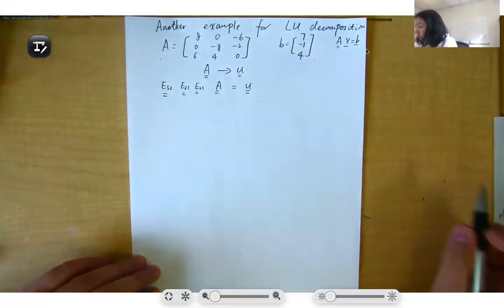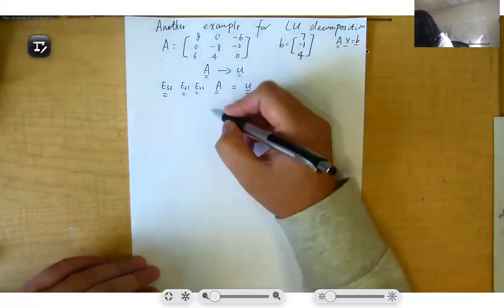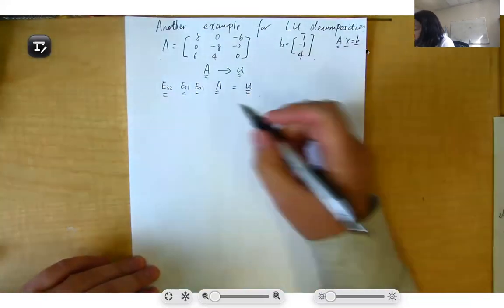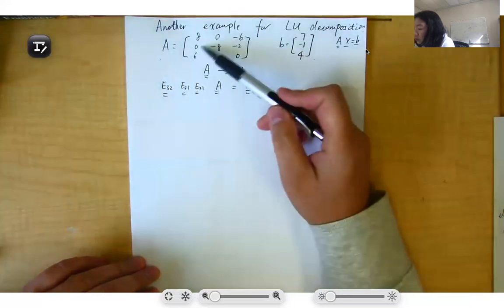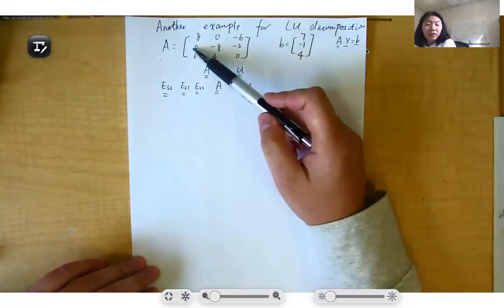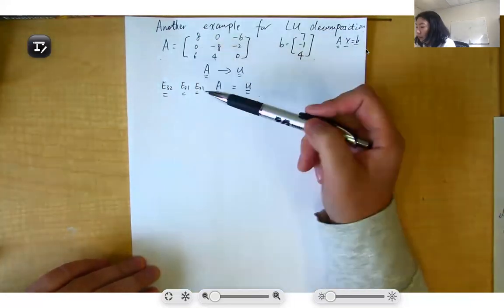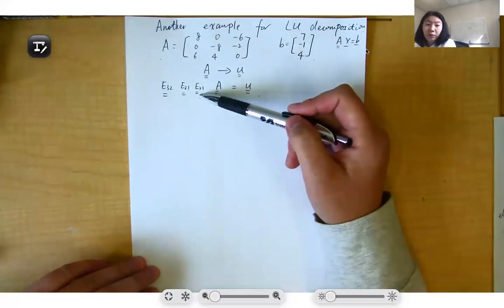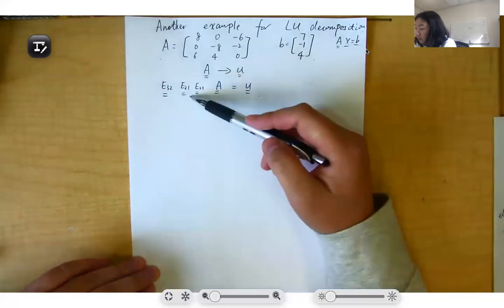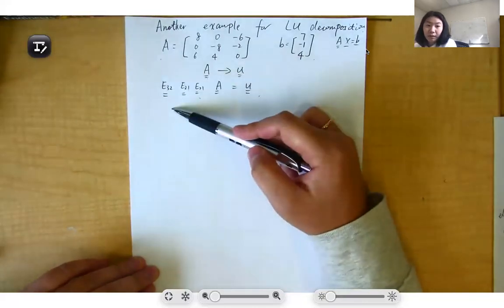So what is your E21 first? Your E21 doesn't need to apply anything, it's already 0. So this E21 is your identity matrix, or you don't need to consider this E21. So the only things you need to consider are E31 and E32.